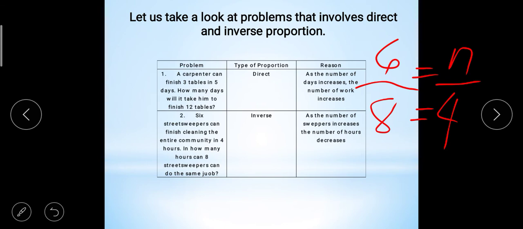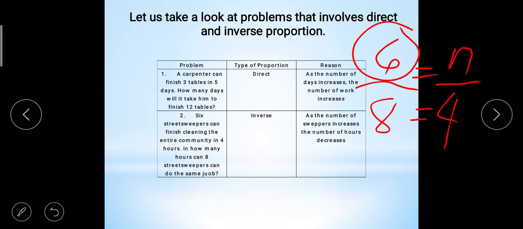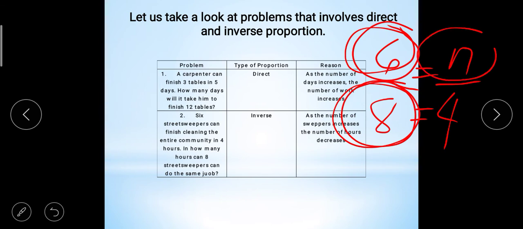Okay. This is the less number of the street sweeper. Ito, mas madami. Di ba yung kanina, less to less, more to more. So, less number of street sweeper, more number of street sweeper. Less number of hours, and then more number of hours.